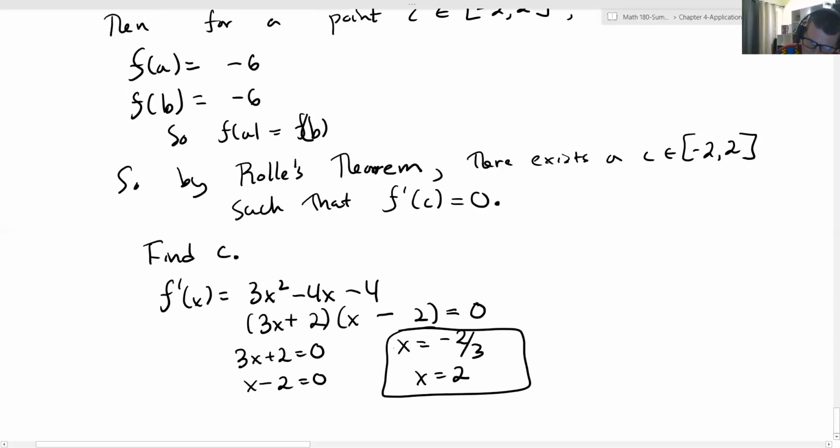Okay, so we'll let 3c plus 2 and c minus 2, right? Because we're going to plug in c. And so hence our c's are equal to negative 2/3 and 2. All right, so that's utilizing Rolle's theorem.